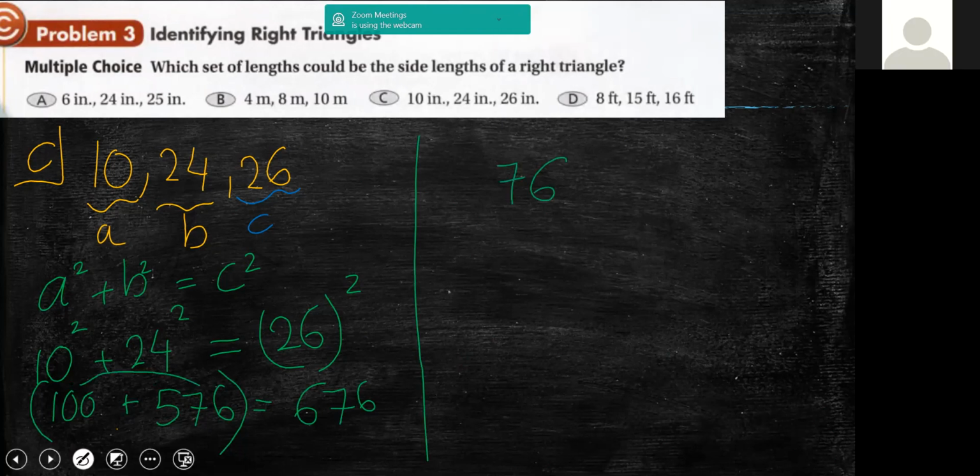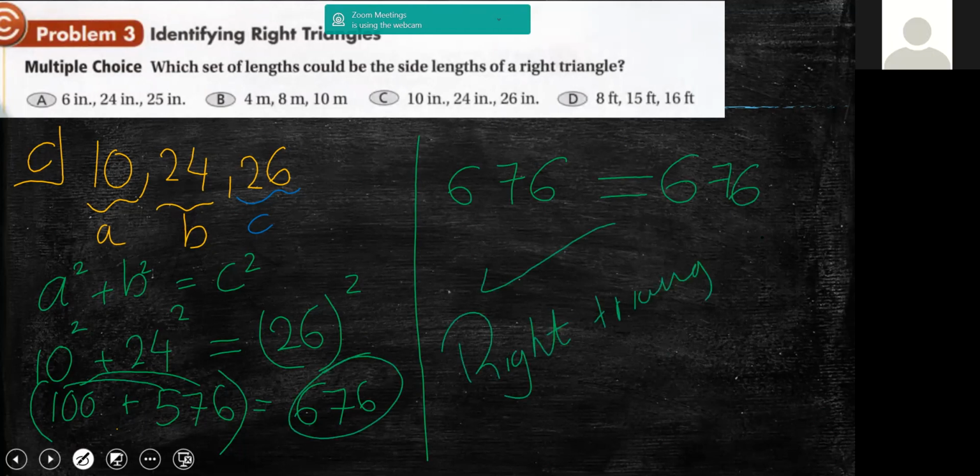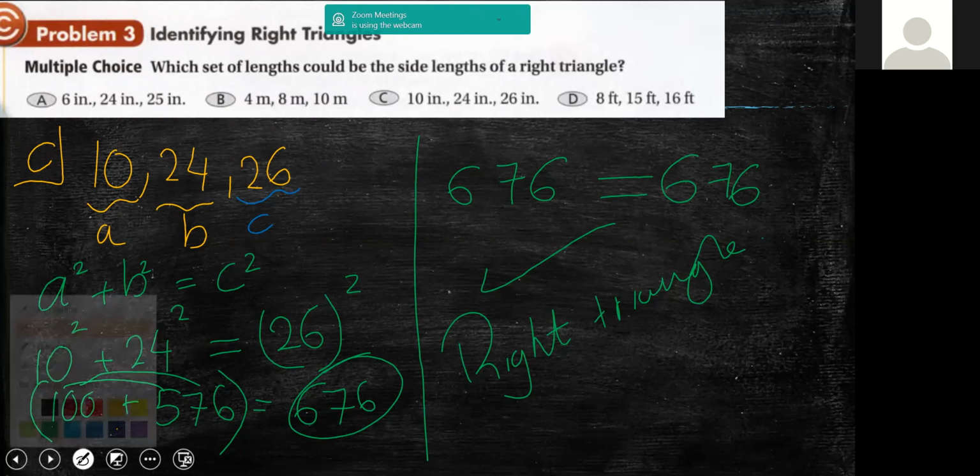And 5 plus 1, 6. Are they equal to 676? Yes. So I will say yes, this is a right triangle. Is it clear now? Yes, teacher. Now let's see D.